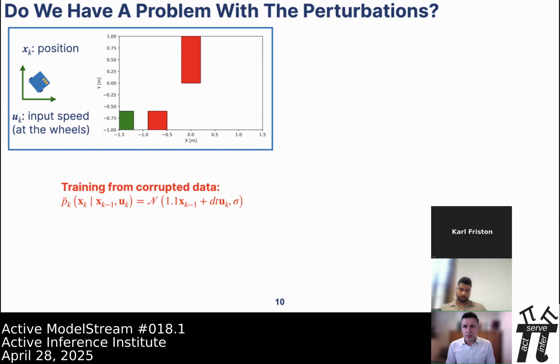Now, let's minimize the free energy, pretending that the world model and the robot model are exactly the same. But let's say that we learn a model of the robot from a set of corrupted data, so that there is a very small difference between the real model of the robot, the one in the bottom in blue, and the model obtained from training, the one in red.